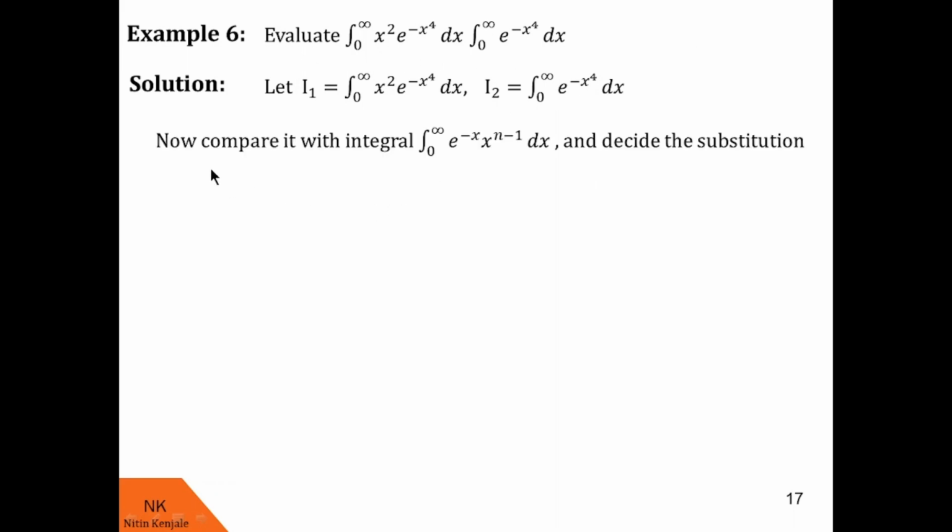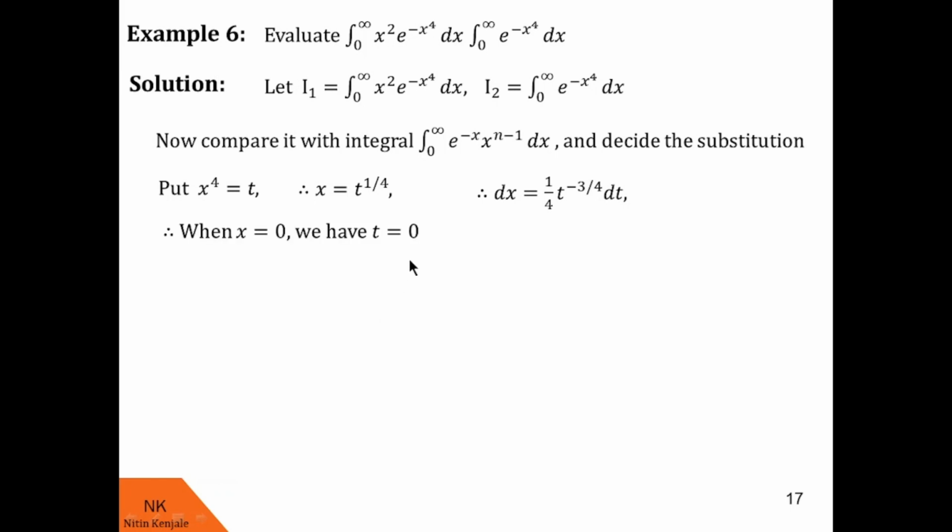So now we first compare this integral with the integral in the gamma definition. We see that for both the integrals, substitution is x raised to 4 is equal to t, which leads to x is equal to t raised to 1 by 4 and dx is this. We see that limits for t will not change. They will remain same as the limits of x.